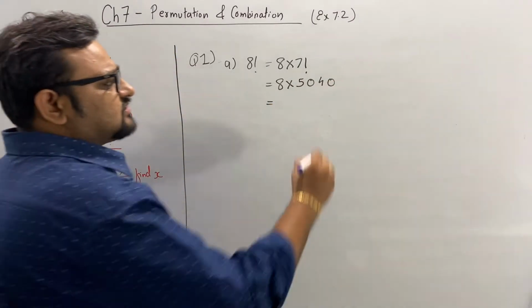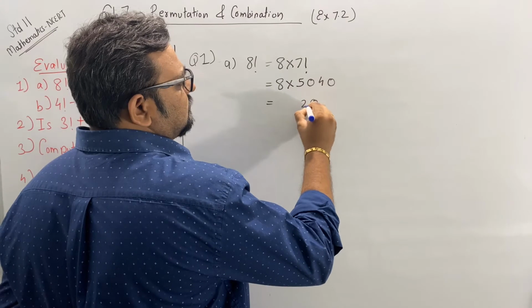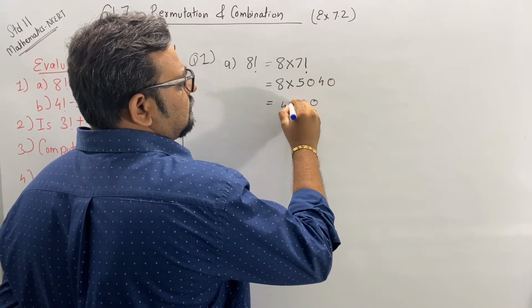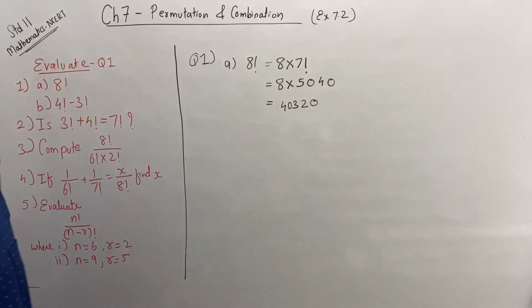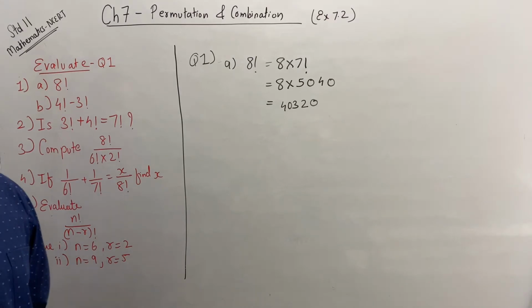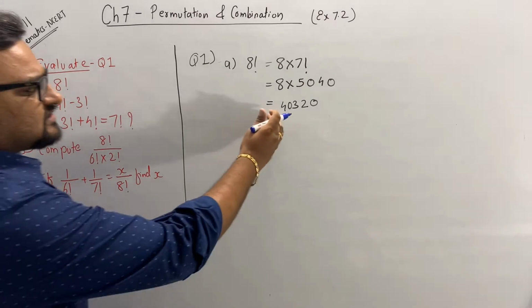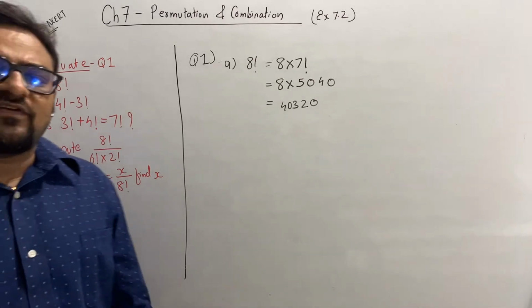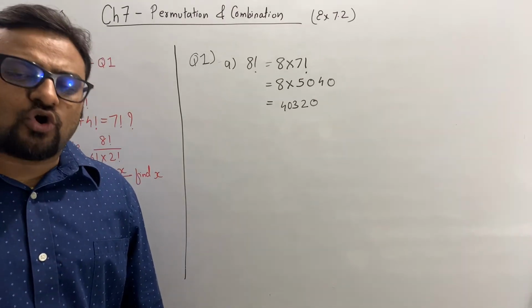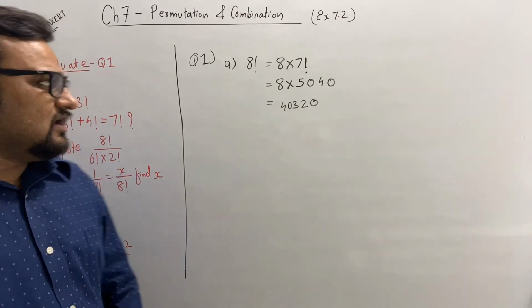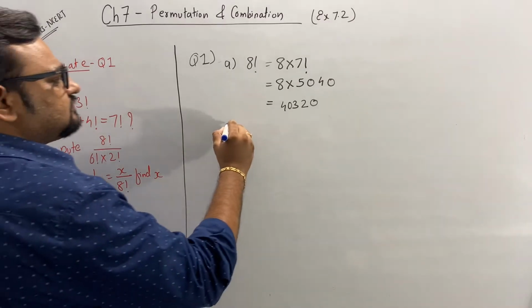So what will be our answer? 40320. Clear? This is the value of 8 factorial. Clear? Now let's see the second one.